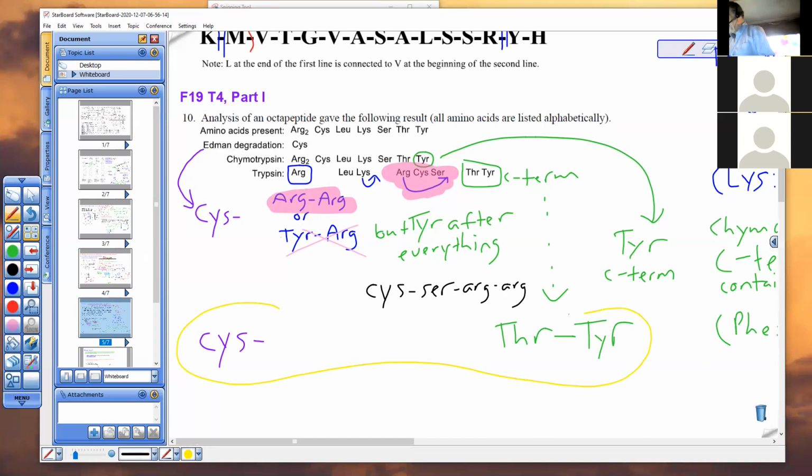Cys, Ser, Arg go together, and Cys is first. I just have to see which one's the only one left over, because I only have one more of it out of 8.